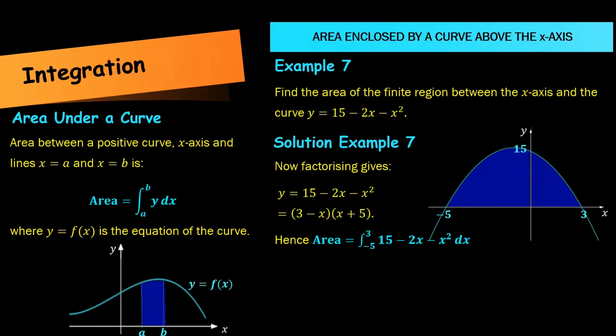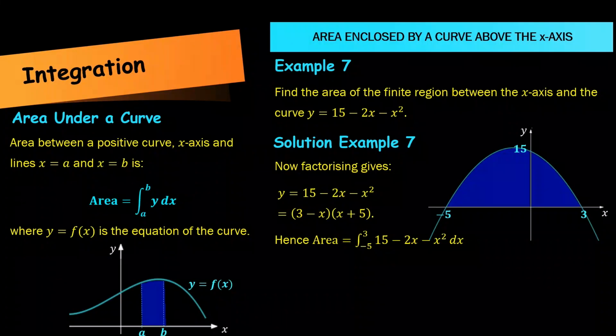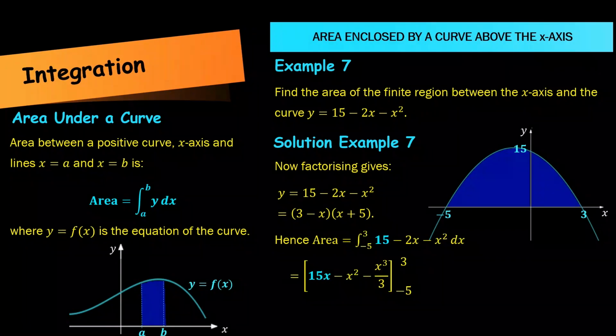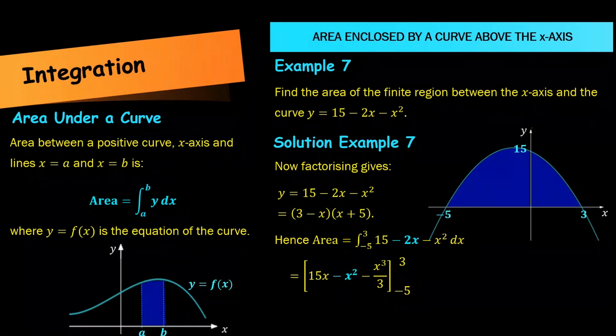And so integrating this term by term, we obtain 15x minus x squared minus x cubed over 3.